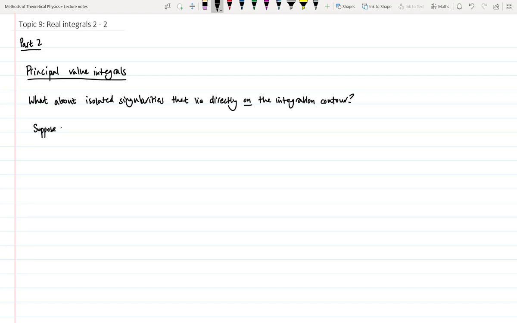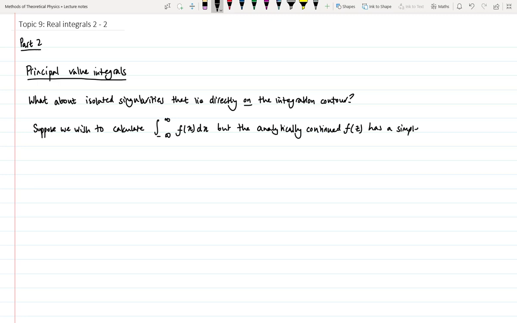Let's suppose that we wish to calculate some real integral, which is given by the integral from -infinity to infinity of a real function, but the analytically continued function that we talked about at the start of topic 8 has a simple pole that lies on the real axis.